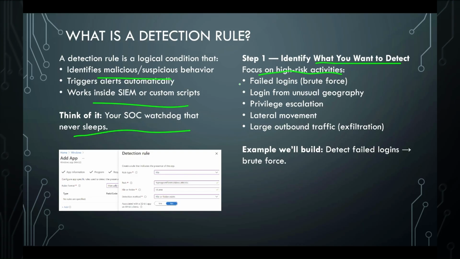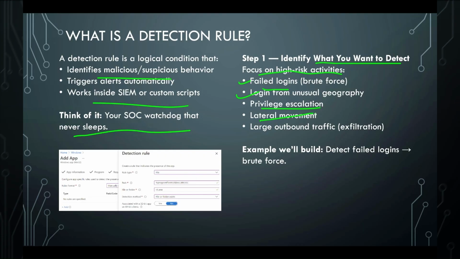Number one is the failed login. So failed login attempts from unusual locations, that could be a brute force attack, right? And then logins from unusual geographies. Multiple login failures in a short time period could be a credential stuffing attempt. Privilege escalation, like a user executing sudo commands or changing permissions unexpectedly.